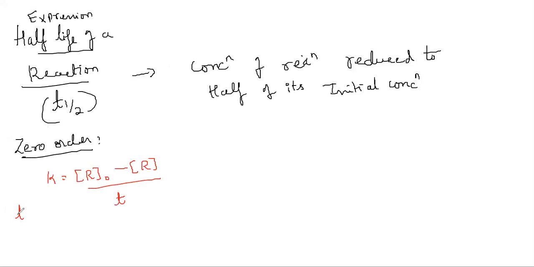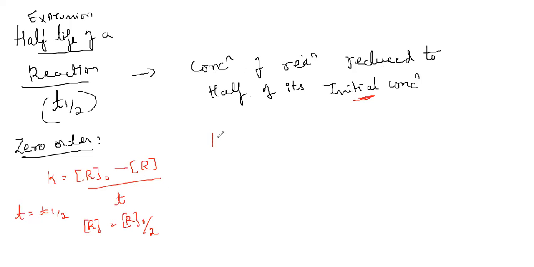So here t is going to be t half, and R will be equal to R naught by 2, because here they have said that the concentration of the reactant is reduced to half of its initial concentration.